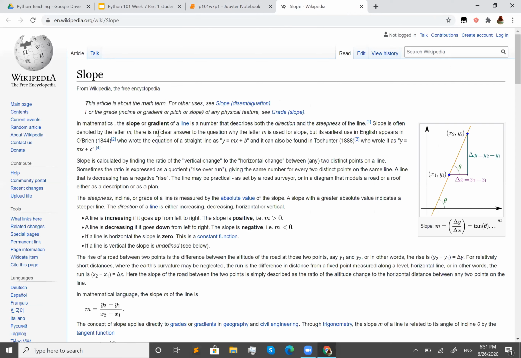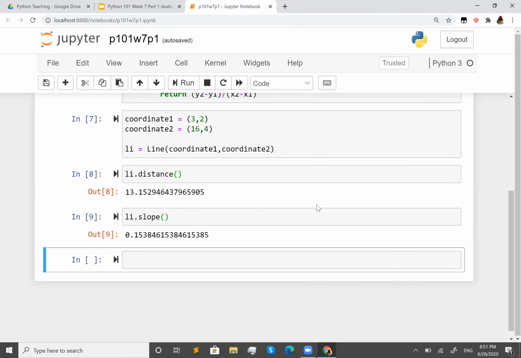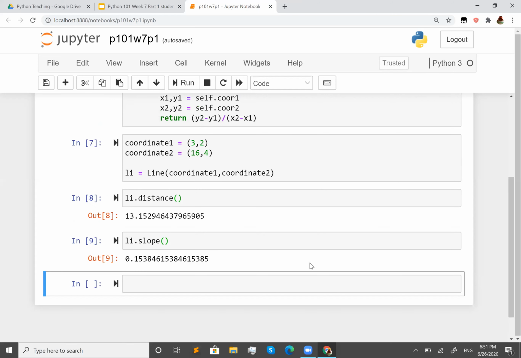Slope is how steep the line is, so how steep it is compared to 1. It's basically just y over x, but if you have 2 coordinates, any order is fine. You just do the first y minus the second y over the first x minus the second x. So, what did you learn about slopes?